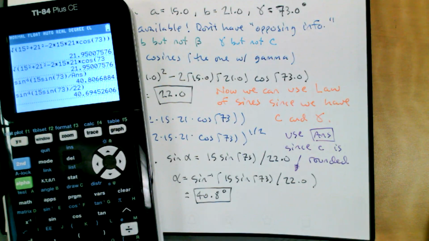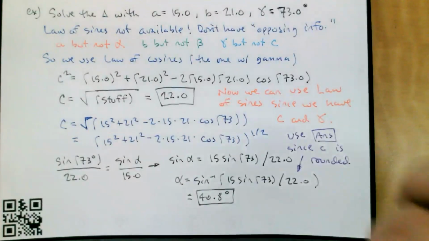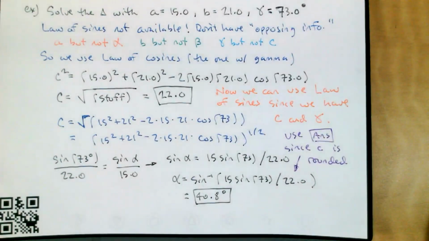We're going to use practically the same ratio for finding, oh wait, no, we're not. At this point, I've got angle gamma and angle alpha. As soon as we have two of the angles, we should just subtract to find the third angle.